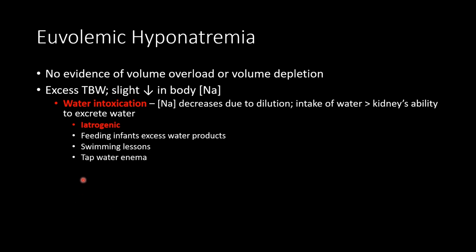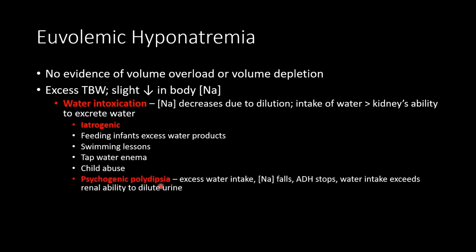In some practices, tap water is sometimes used as a method of enema, so that tap water will get absorbed and it will cause dilutional hyponatremia. Child abuse, if someone feeds excess amount of water as a method of child abuse. Psychogenic polydipsia, someone is drinking a lot of water due to some reason, that water gets retained inside the body and the sodium gets diluted.